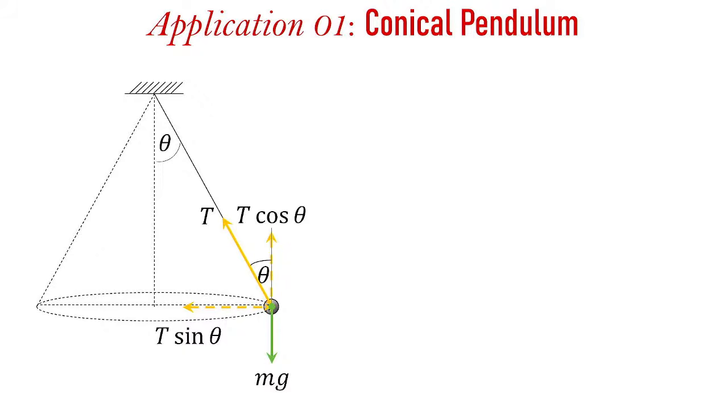What are the forces acting on this object? Weight, tension, centripetal force. Weight, tension only. Centripetal force and tension only. Centripetal force and weight only. Right? So, understood the concept?